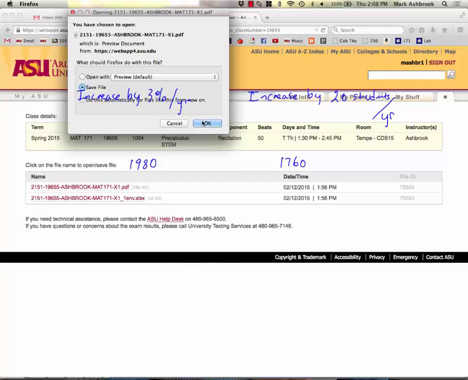Just 5 years, right? Just 5 years. But every column. Do every column.